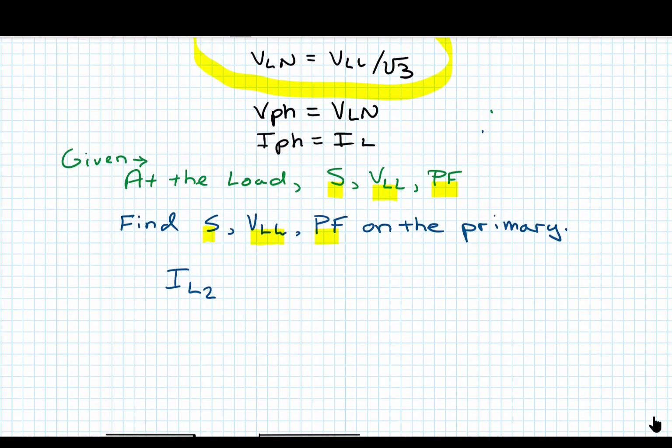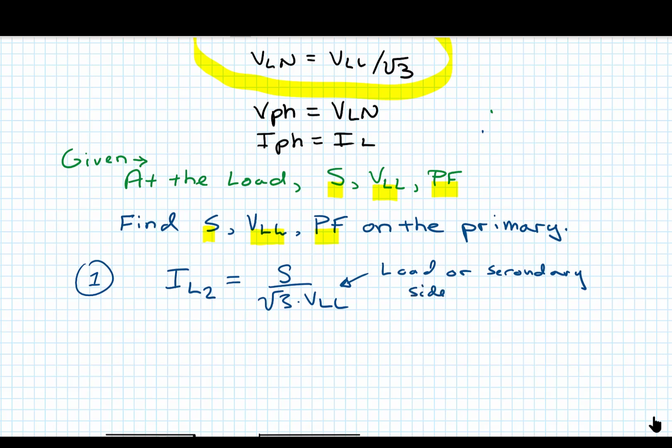So step one: if I know the V line to line and I know the S, the line current I is equal to S divided by square root of 3 V line to line. And these are all load, or primary or secondary side quantities.